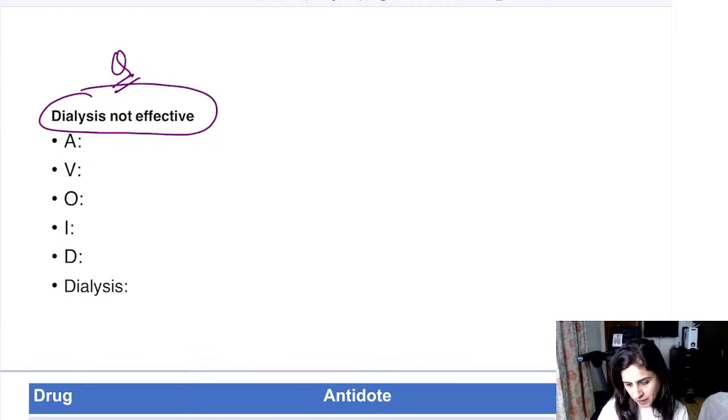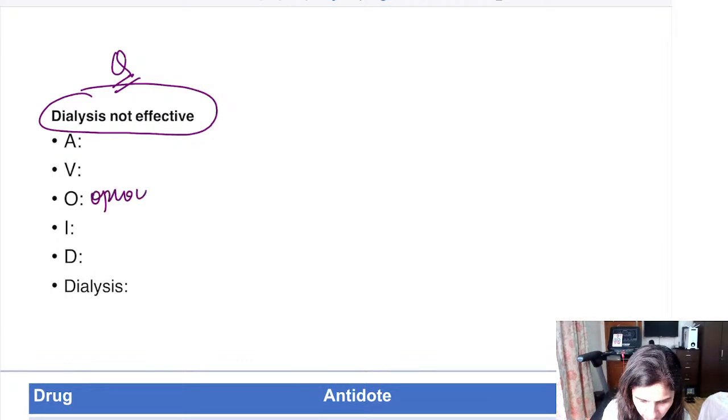Avoid dialysis. Can you make out any name from this mnemonic, if you know any of the drugs? AVOID and dialysis. Any example that you can make out? Opioid. Yes, O is for opioid. Very good. One is opioids.